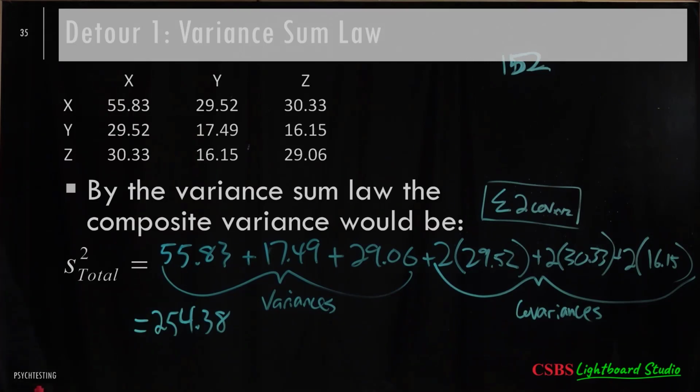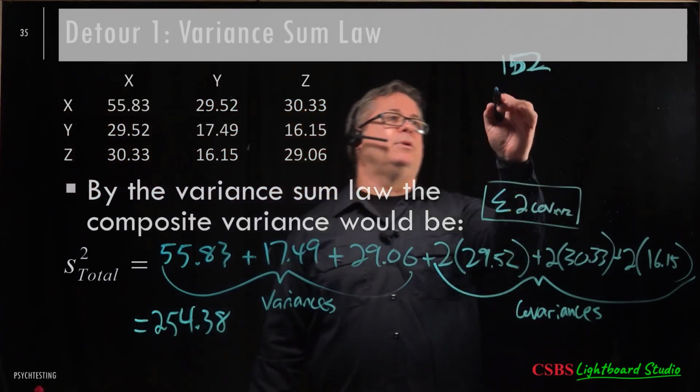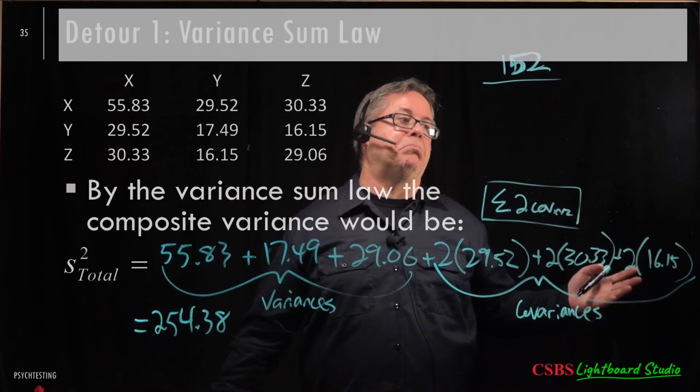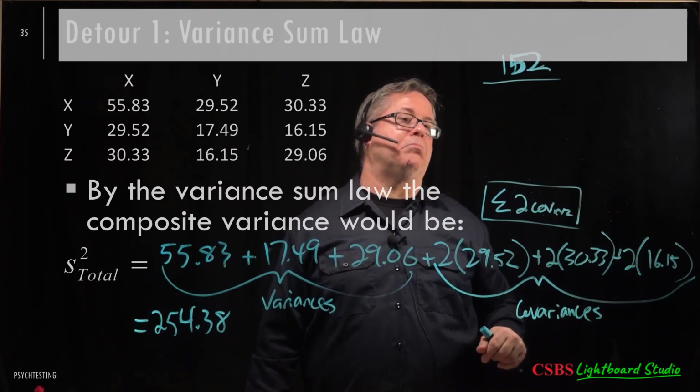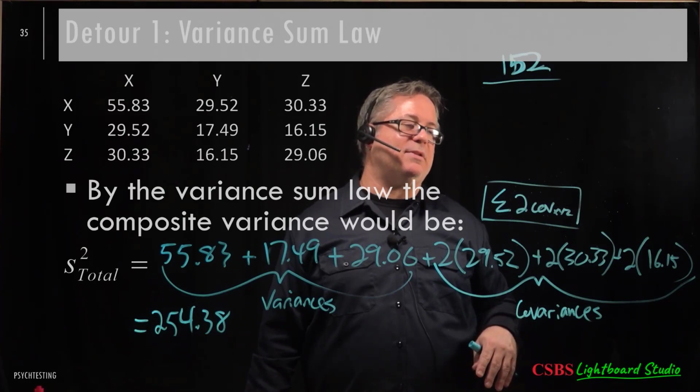Let's take a guess. What information do we know? I know that 152 units here are the covariances. Maybe, but don't go there yet. We're going to, but you're stepping ahead of things.